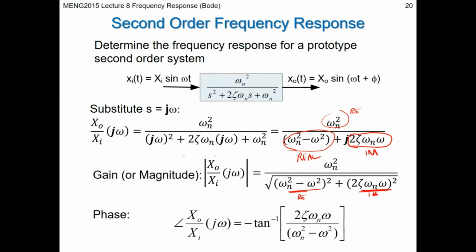And our phase is going to be, well, there's no imaginary part on our numerator, so again, it's basically 0, which is tan to the minus 1 of our imaginary numerator over our real numerator, minus this, really speaking. But this goes to 0. So you just end up with a negative tan to the minus 1 of the denominator imaginary part over the denominator real part.